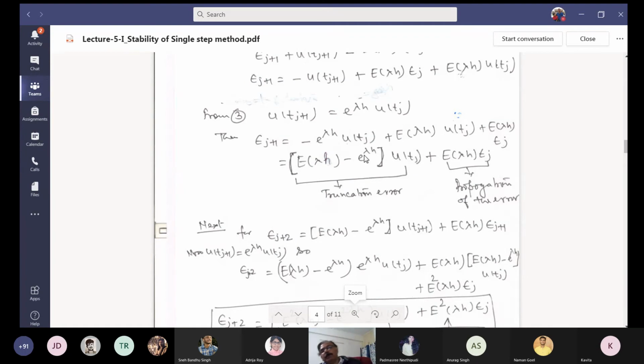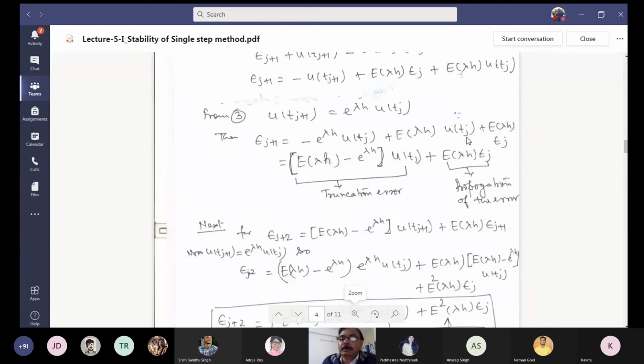This e to power lambda h comes from your exact solution. E lambda h comes from your numerical solution. So that's the reason the word is used here. It is the local truncation error. This is the approximation you have taken for e lambda h to get some numerical method. So this is called the truncation error, along with u(tj) obviously.